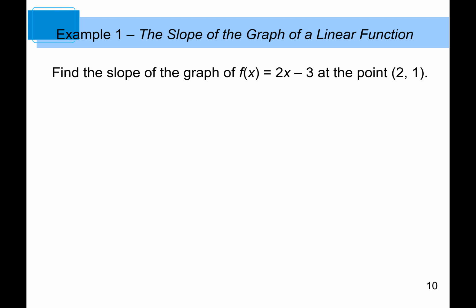This is exactly the example I want to go over. Find the slope of the graph of f of x equals 2x minus 3 at the point 2, 1.